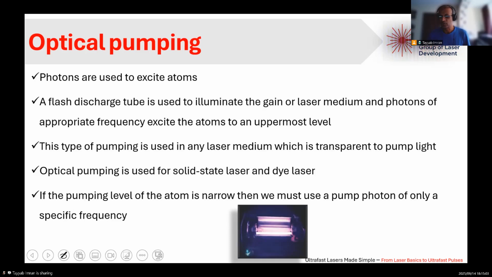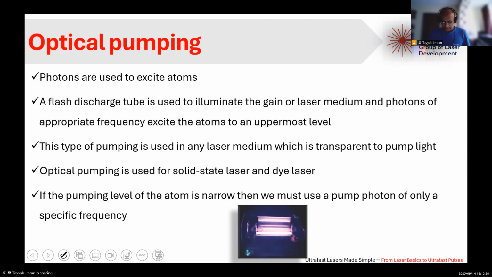The light comes out from the flash lamp, very intense, and illuminates the gain medium in a tight arrangement so that the light does not escape. Usually, optical pumping is used for laser media that are transparent. If the laser media are transparent, then we mostly use a flash lamp pumping source.